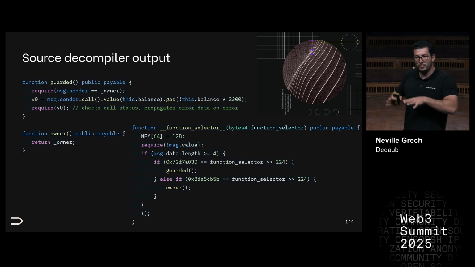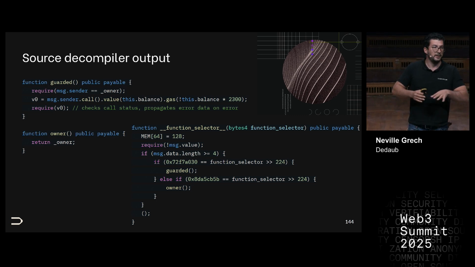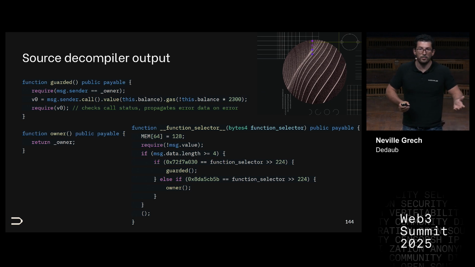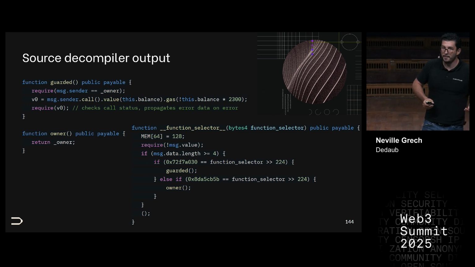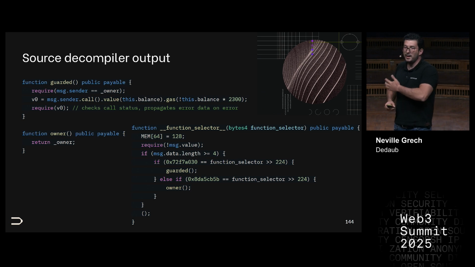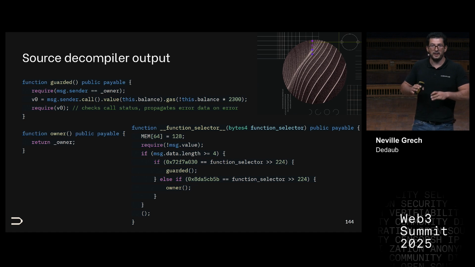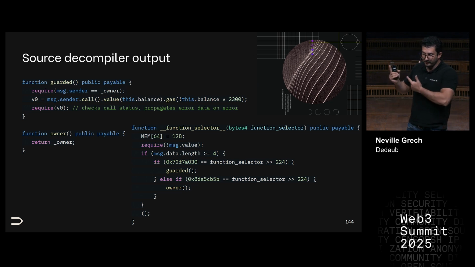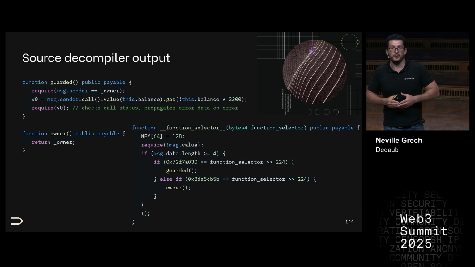here's another representation that our decompiler offers. So if you want to play with our decompiler, just go to Google and search for Ethereum decompiler or Dedaub decompiler. This is a higher level representation of the program than what I've just showed you in the previous slide. And this level of representation is very good for inspecting code, meaning that if someone has deployed a smart contract without any source, you can use a decompiler and you can understand what they did.